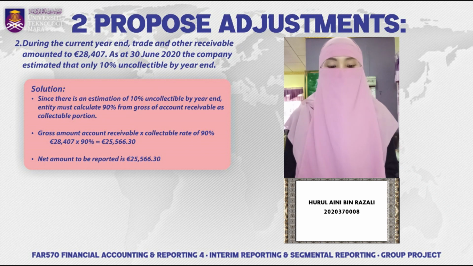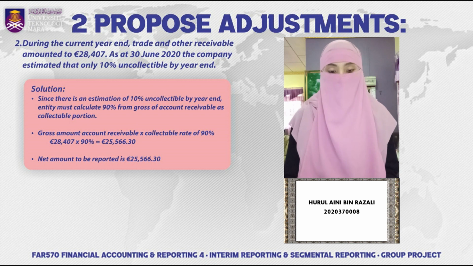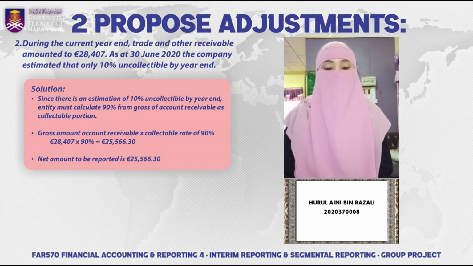Number 2: during the current year end, trade and other receivable amounted to 28,407 euro. As at 30 June 2020, the company estimated that only 10% is uncollectible by year end. For the second solution, since there is an estimation of 10% uncollectible by year end, the entity must calculate 90% of the gross accounts receivable as the collectible portion.